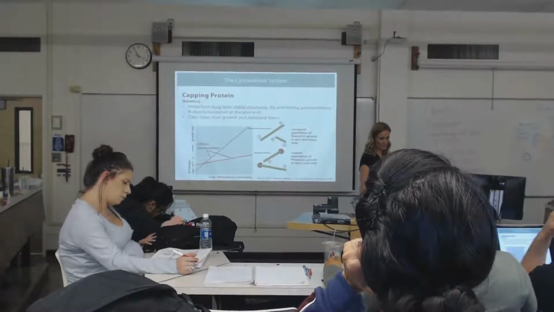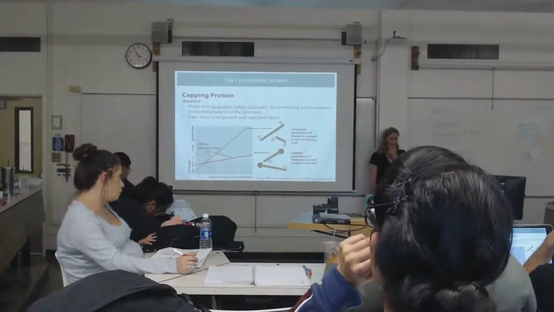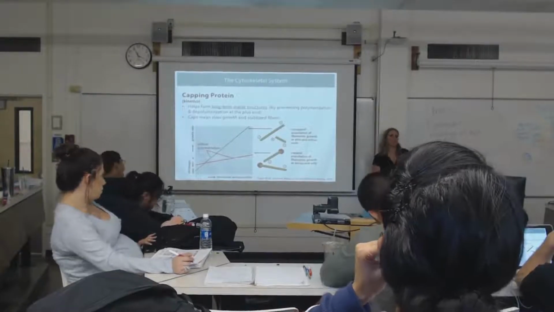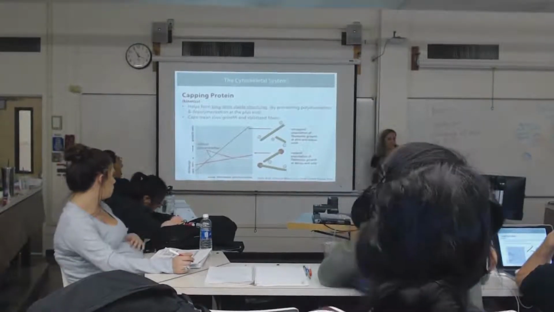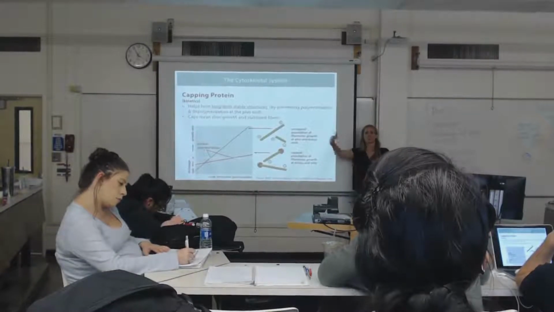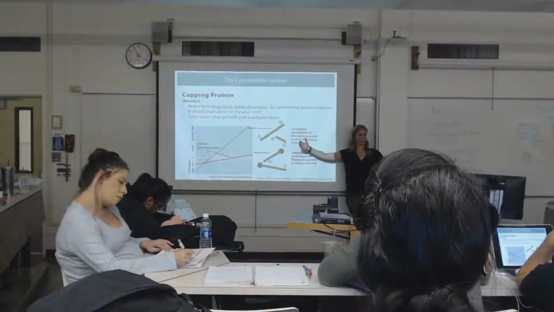Okay. All right, so the one other protein that falls into the category of kinetics is this protein called capping protein. It's called capping protein because it caps off the filaments. Typically you want to grow a filament to a particular length. You don't want it growing to infinity, that would be sad.